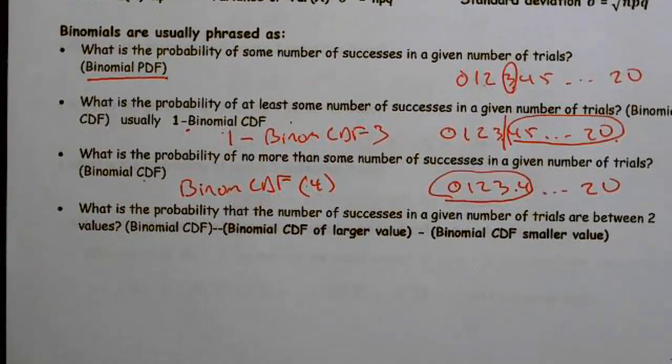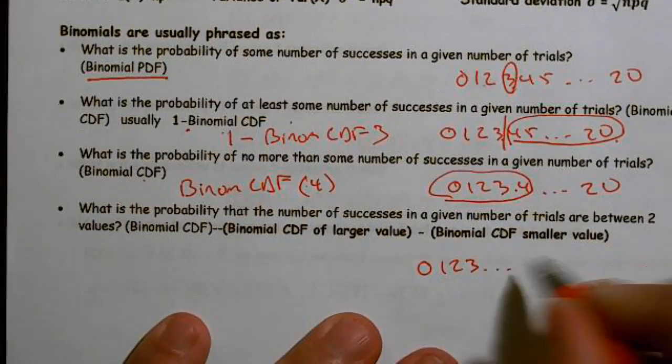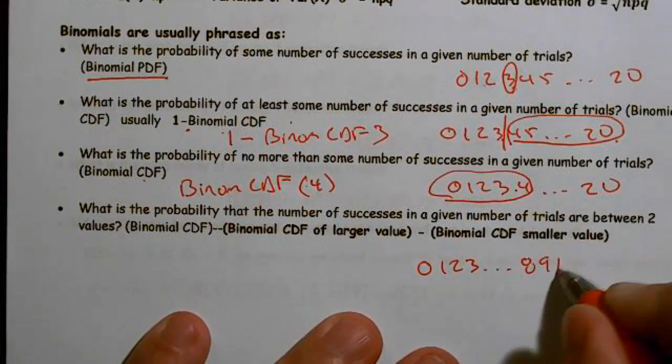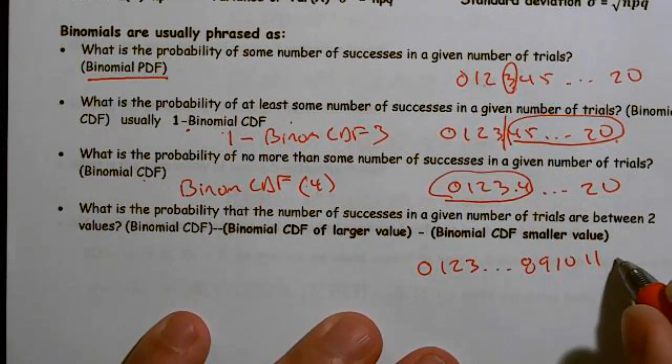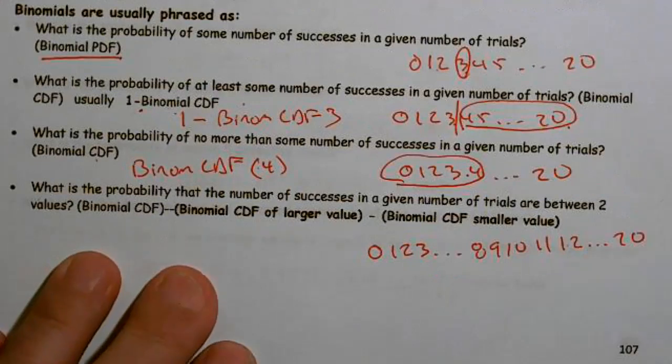Finally, what's the probability that the number of successes in a given number of trials is between two values? Have to be very careful. All right. So if I have 0, 1, 2, 3, 8, 9, 10, 11, 12, all the way to 20, and I wanted to know that it was between 8 and 12.